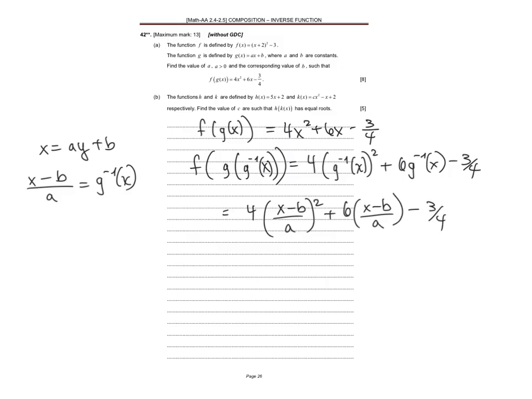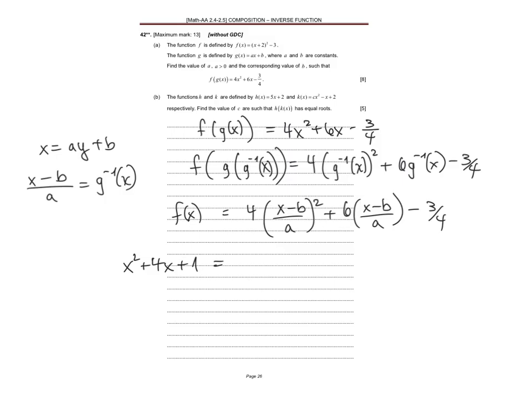All right, and we know this is going to be equal to f. All right, so f is, if we expand that out, it's going to be x squared plus 4x plus 4 minus 3, so plus 1.